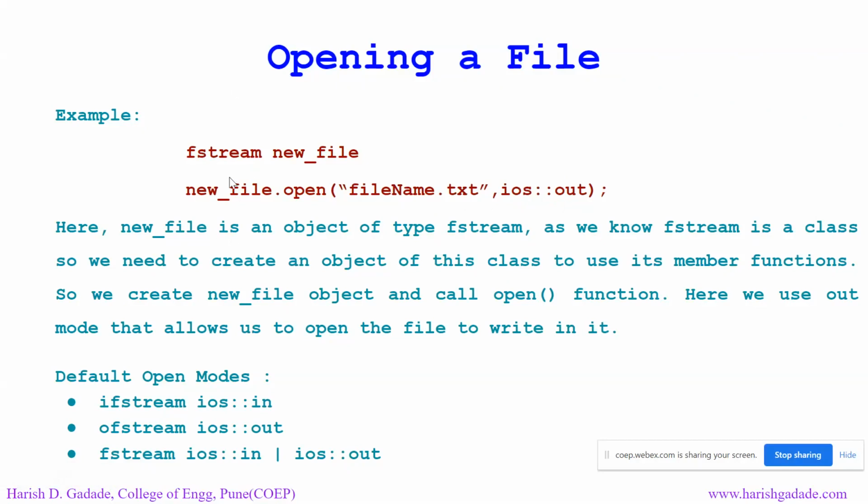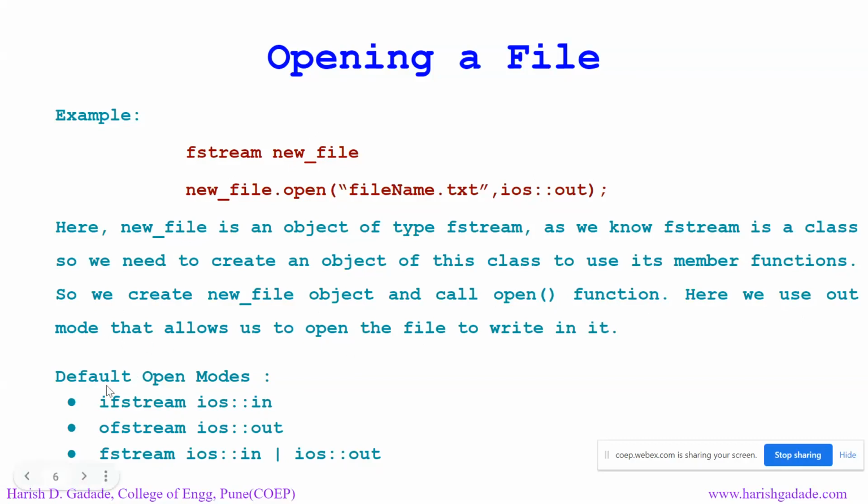So for that, we created this object. We created the newfile object and call the open function. Here we use the out mode. This is the out mode that allows us to open the file to write in it.